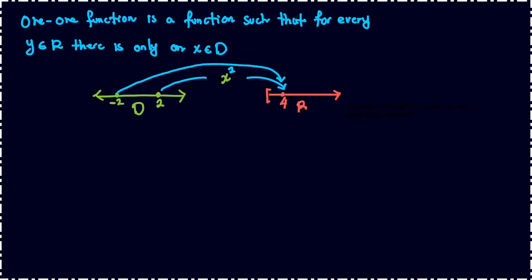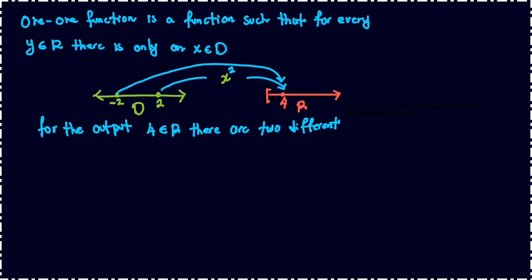So what's happening here is that for the output of 4 in the range, there are 2 different inputs. Those inputs are x equal to -2 and x equal to 2 in the domain. And this clearly is violating the notion of a one-to-one function.